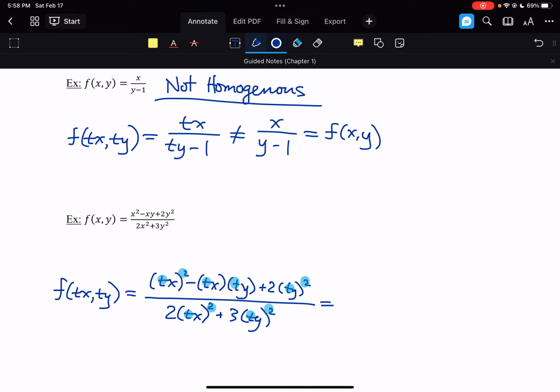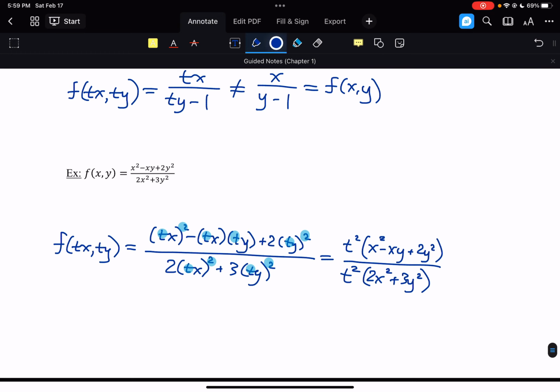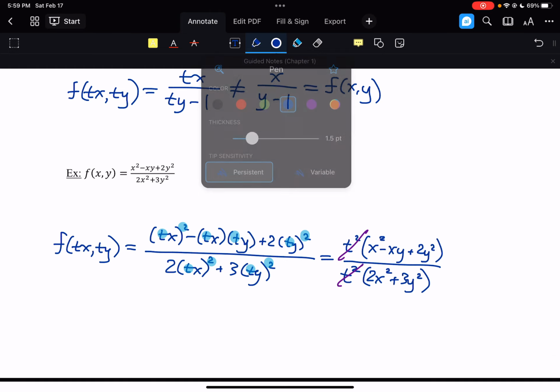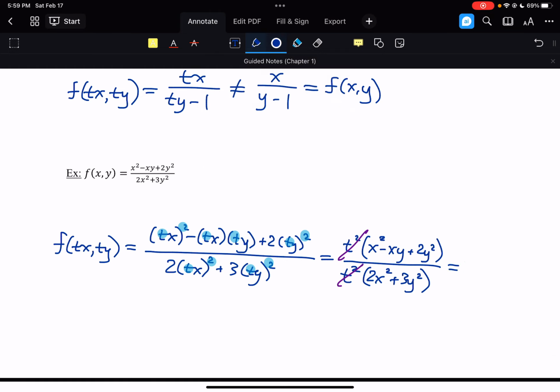We're going to be able to pull the t squared out of the top, and we're left with this, and pull a t squared out of the bottom, and we're left with that. The t squareds then cancel, and what's left is f of xy.